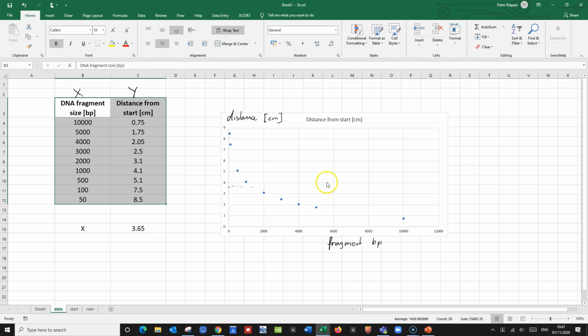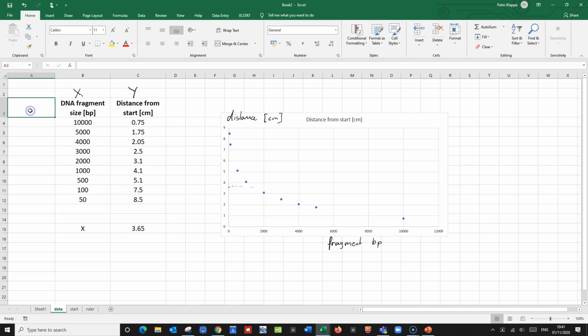Now it turns out that there is a relationship between the DNA fragment size and the distance from the start, and this relationship is not just a direct linear relationship.